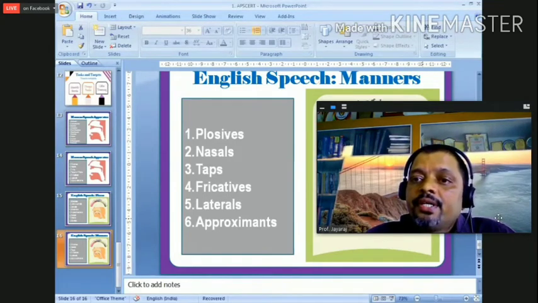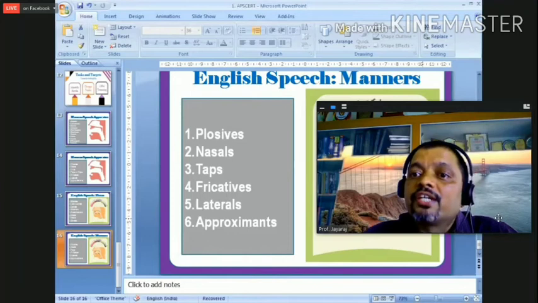And if you talk to the parents of the learners of English in Andhra Pradesh, they need good English. They want their children to speak English, not the English which is defective, but the English which is effective, which is intelligible, not only in the local regions but also in the global regions.